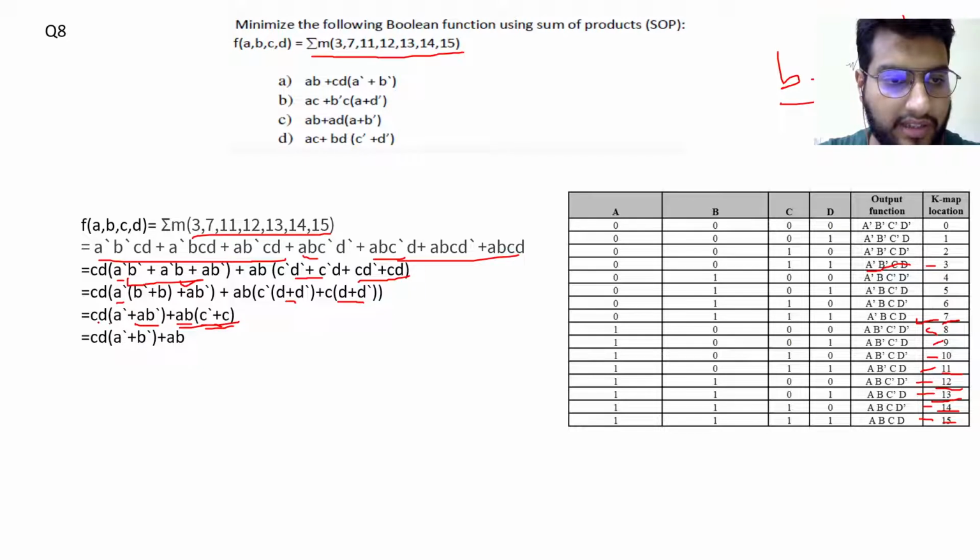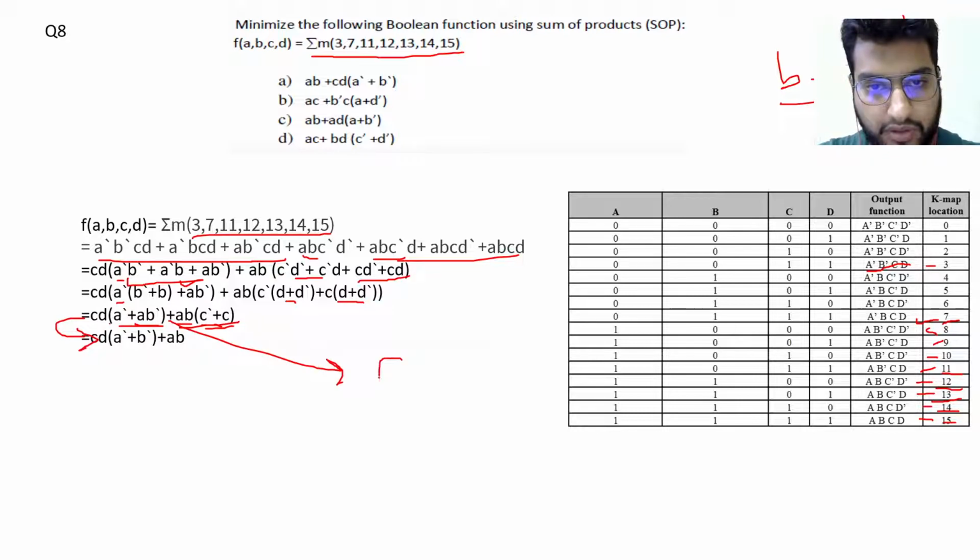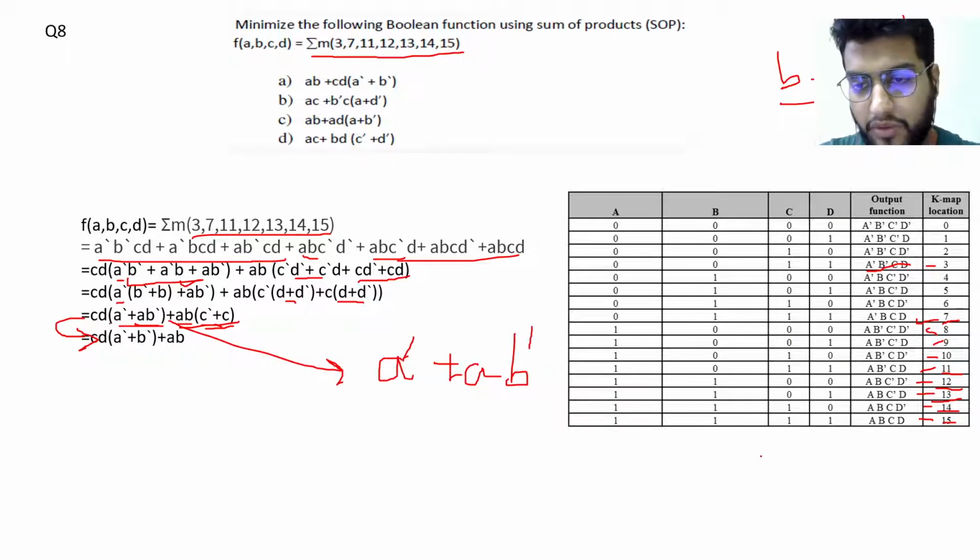And also what I have done in this step, I have reduced this thing. So let me just show you this step. So this is a complement plus a b complement. If you remember previously, I showed you this expression: a b plus a complement b is equal to a plus b.